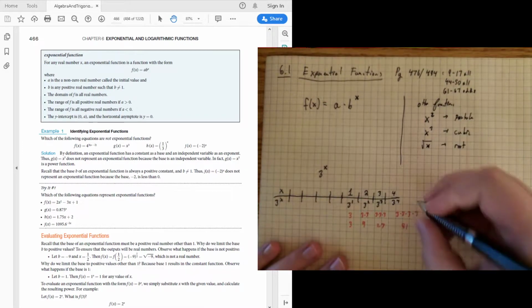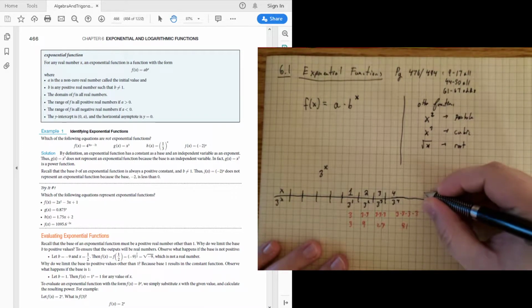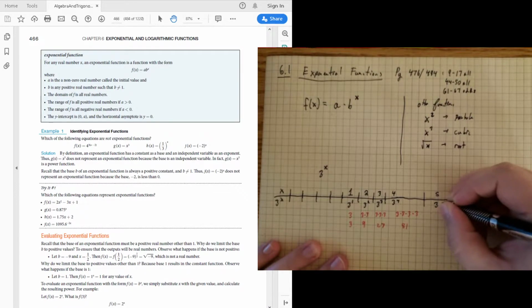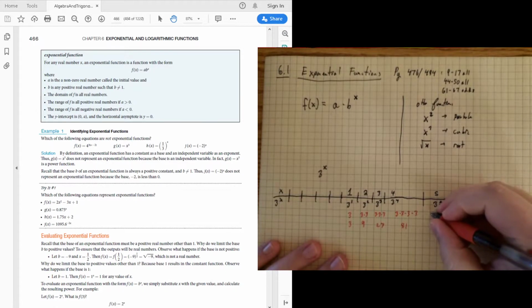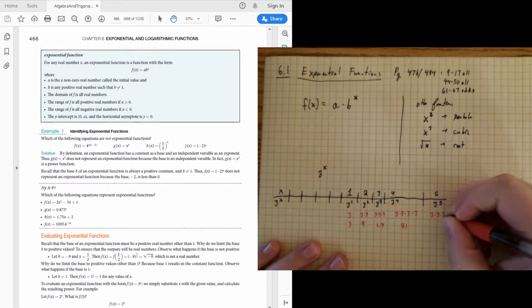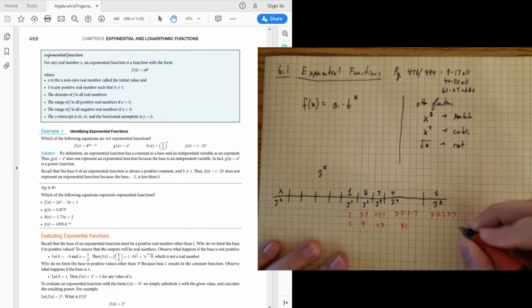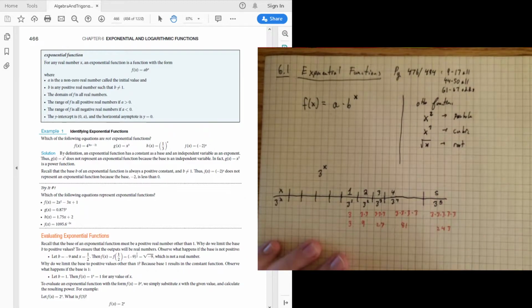And in fact, if you go up to the next one, it gets even bigger. If you plug in 5, this is equivalent to 3 to the fifth power. That'd be the number 3 multiplied 5 times, which is 243.